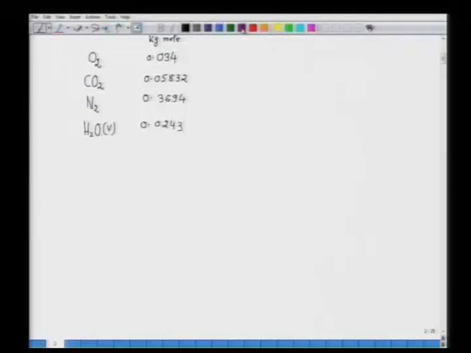What I have done for you, I have calculated those values and I am listing the values for heat content, for example, H 1644 minus H 298, in kilojoule per kg mole.